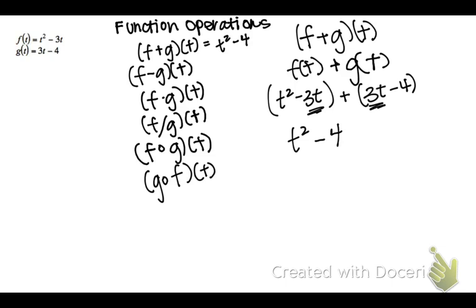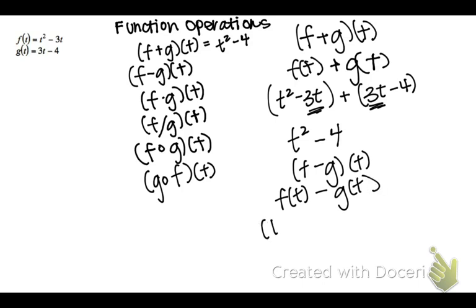If we're subtracting them, so if we have f minus g of t, that's the same as f of t minus g of t, which is t squared minus 3t minus, in parentheses, 3t minus 4. Whenever there is this subtraction sign there, you always have to distribute it.